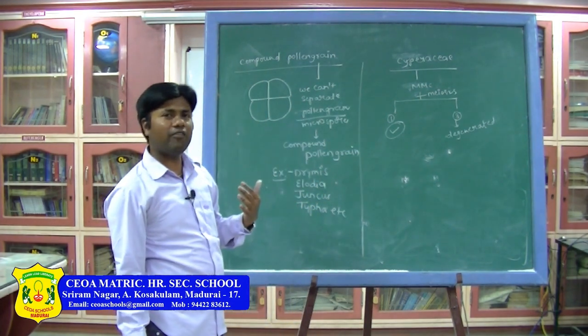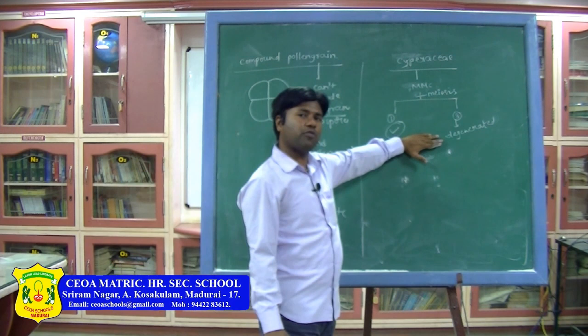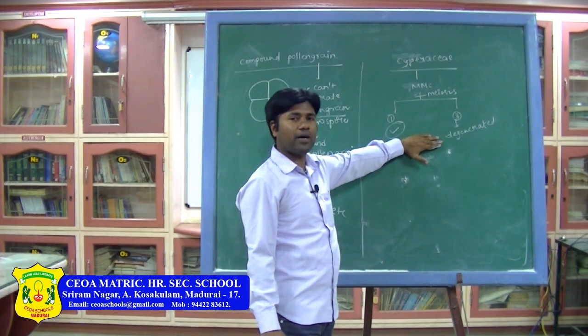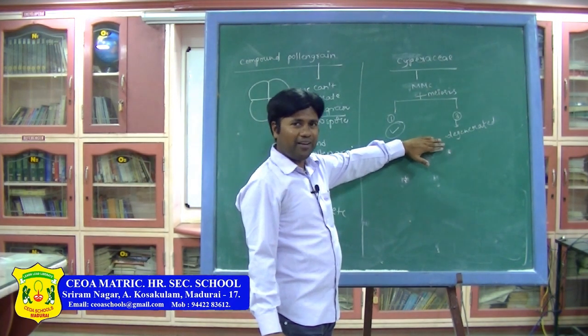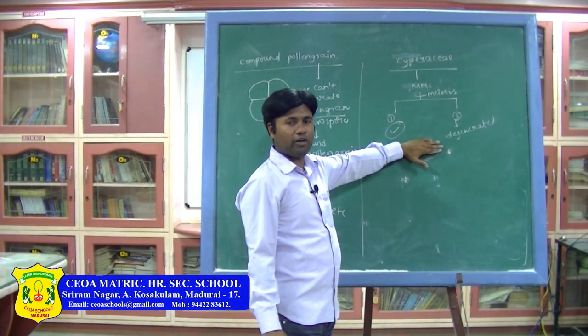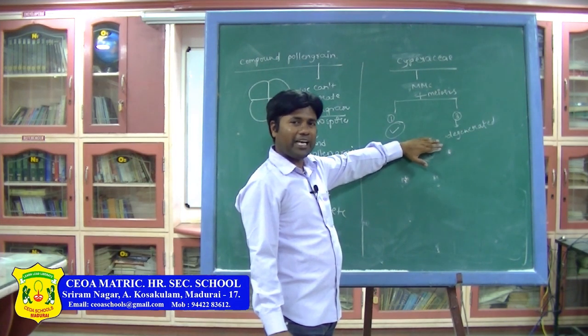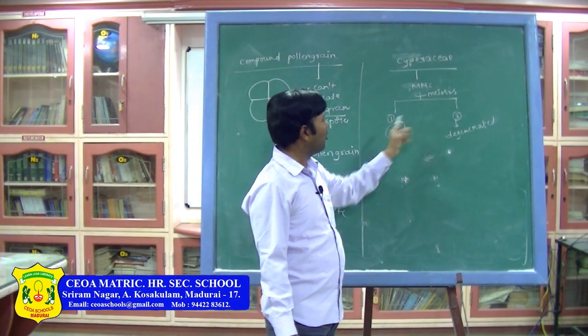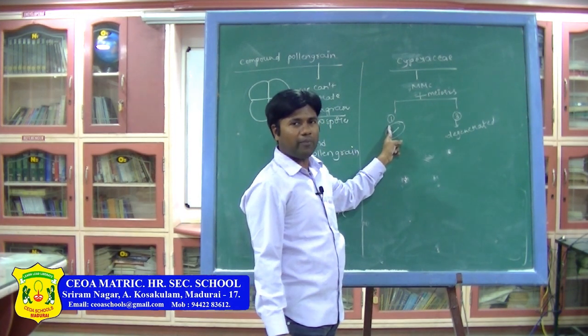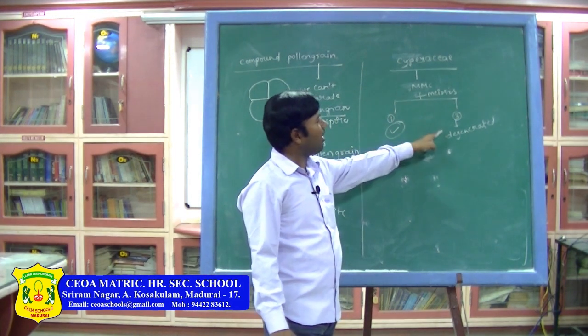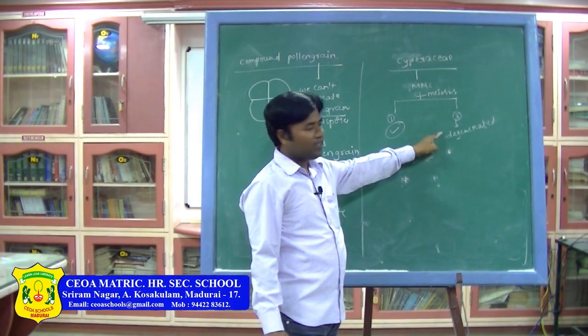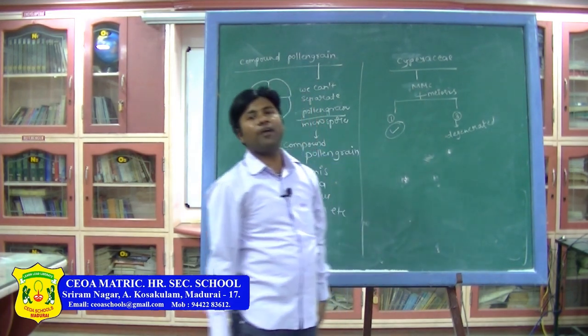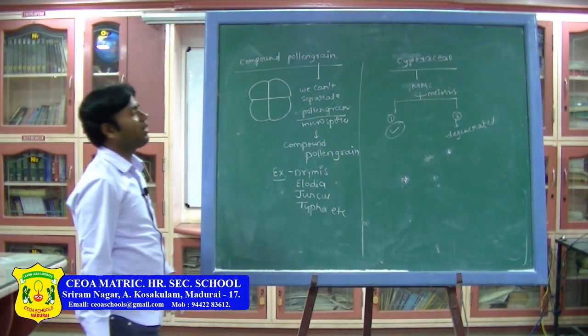In the normal one, 4 will be formed, 4 will be functional, forming mature gametes. But here only 1 is going to form a mature gamete, 3 are going to be degenerated. This is the exceptional point which you learn under the Cyperaceae family.